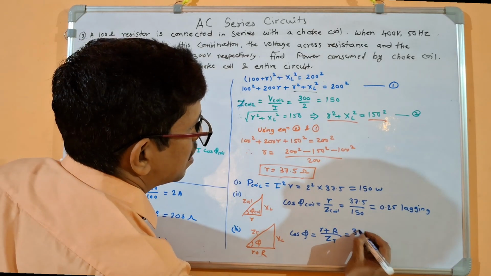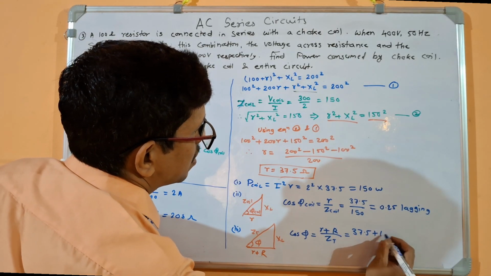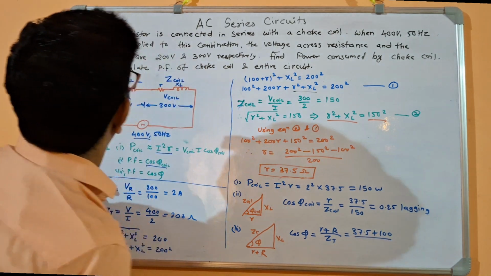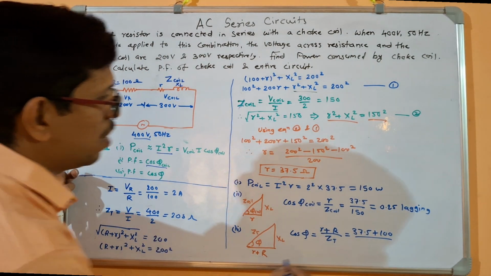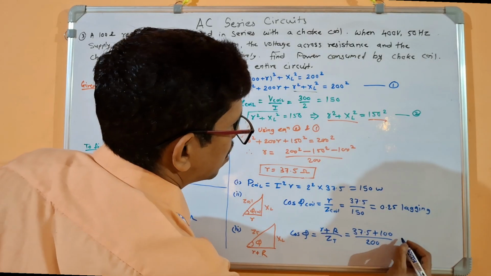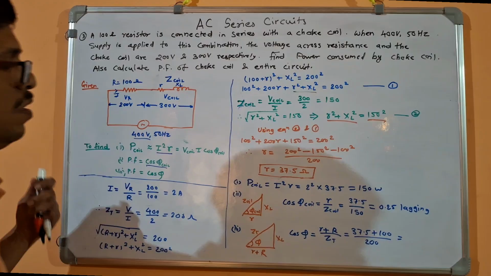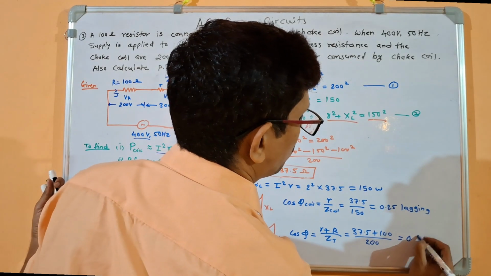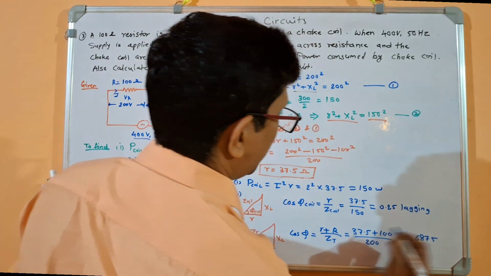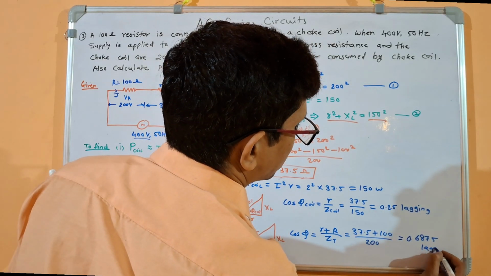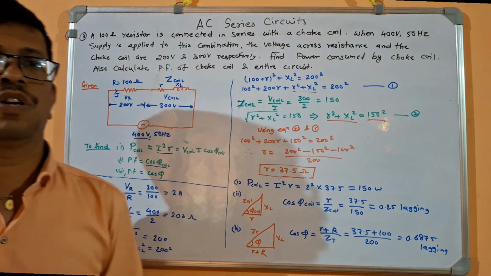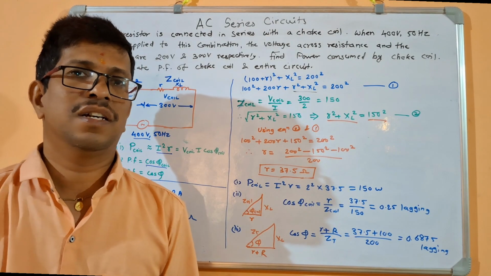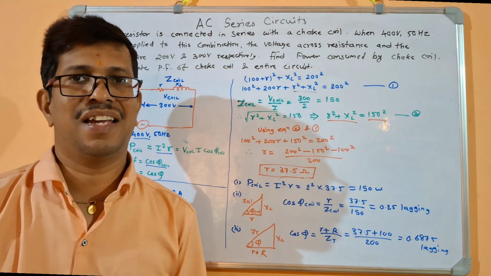What is r here? 37.5 plus 100 divided by total Z, which we have found as 200. So this gives me 0.6875. Here also it is lagging because the circuit is inductive. Whenever there is a capacitor, we have to say leading. Otherwise, for inductive, it is a lagging circuit.